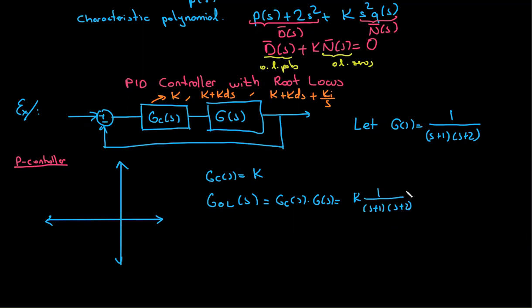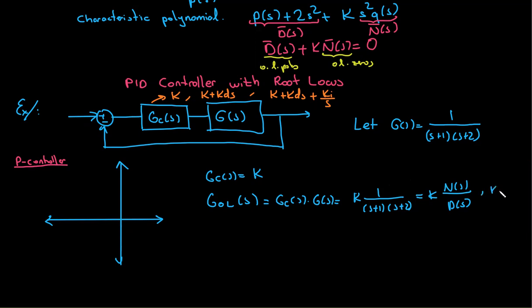Notice that it's in the form of K times N of S divided by D of S, so I can plot the closed loop transfer function poles as K changes from 0 to infinity.